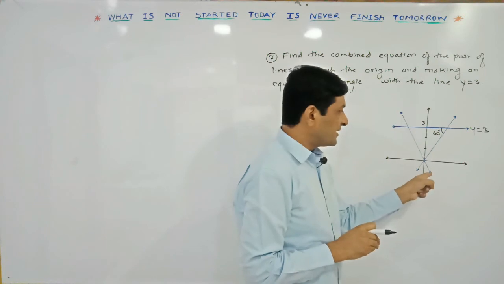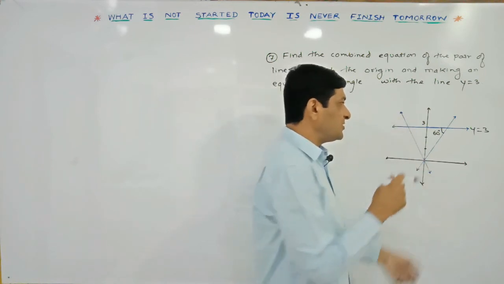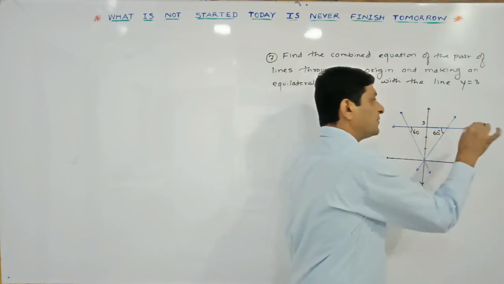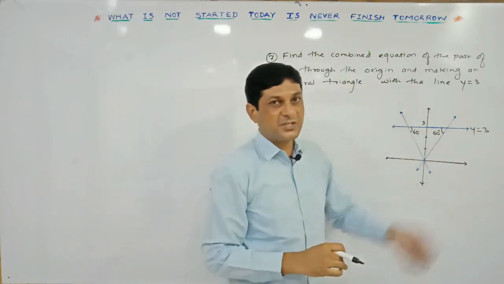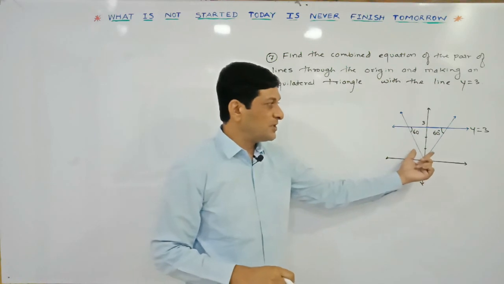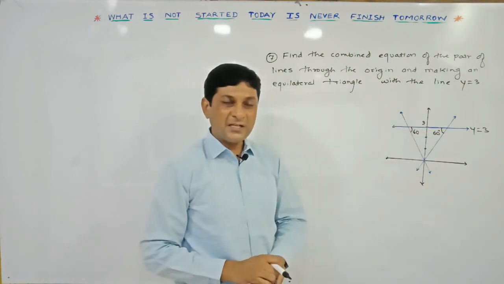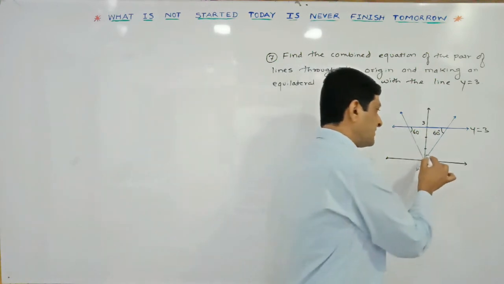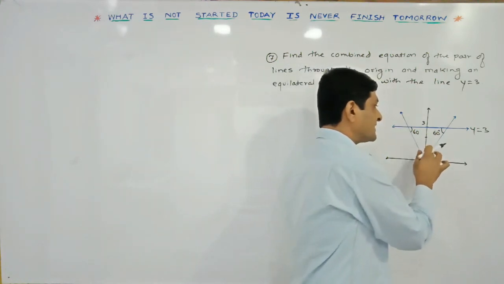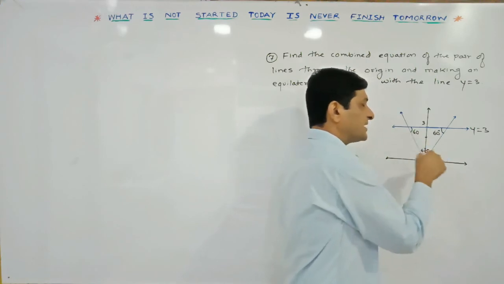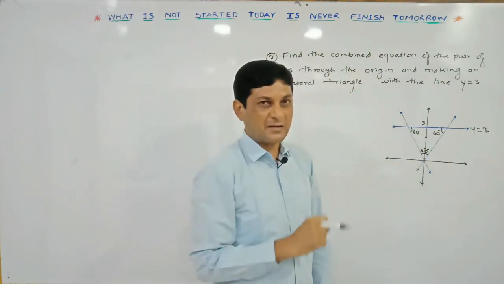In the same way, the second line passing through the origin also makes an angle of 60 degrees with the line y = 3. If two angles of a triangle are 60 degrees, then definitely the third angle is also 60 degrees, because these are the angles of an equilateral triangle.